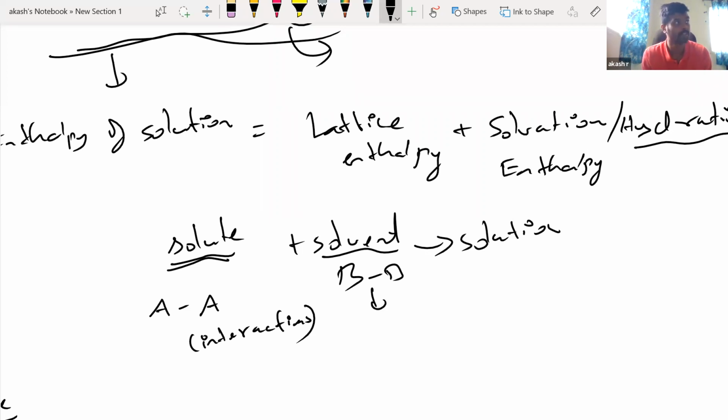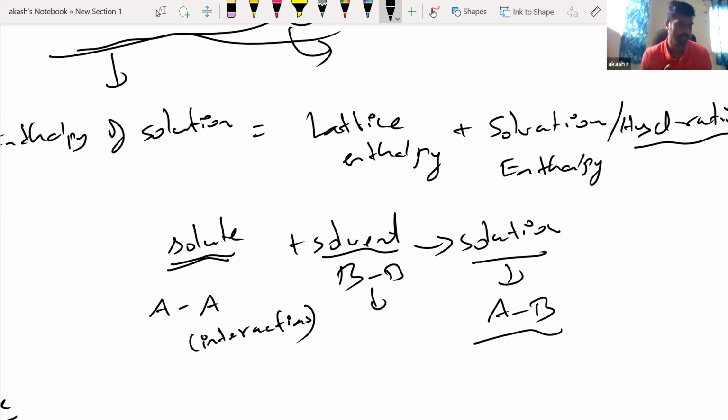And in the solution, obviously, these two get mixed, so we'll have solute-solvent interactions.